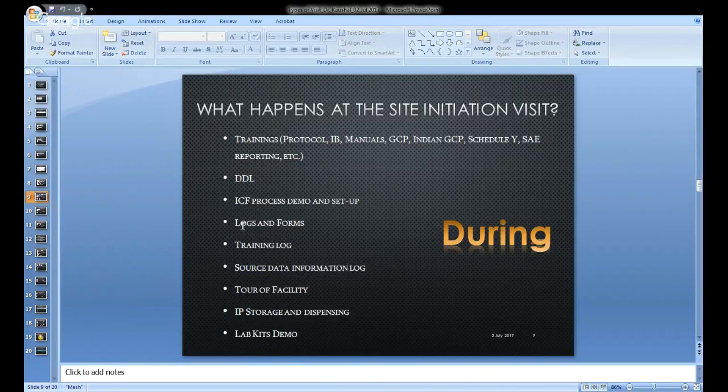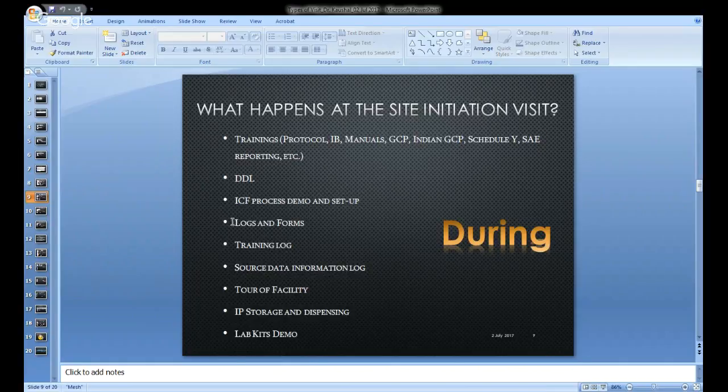So whether things are documented, yes, on the logs. A very, very important document, or I would not say a more important document, because each and every document is important, but yes, a document where you would find the maximum findings: the temperature log. Ideally, individuals have a tendency not to document the temperature on a daily basis.